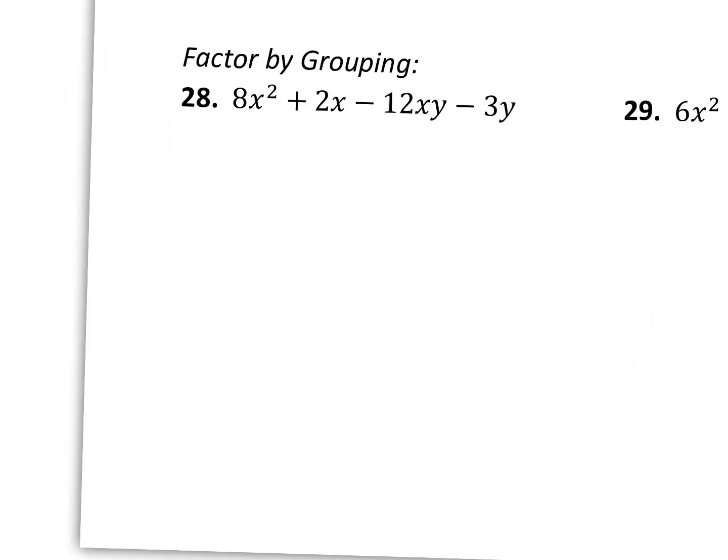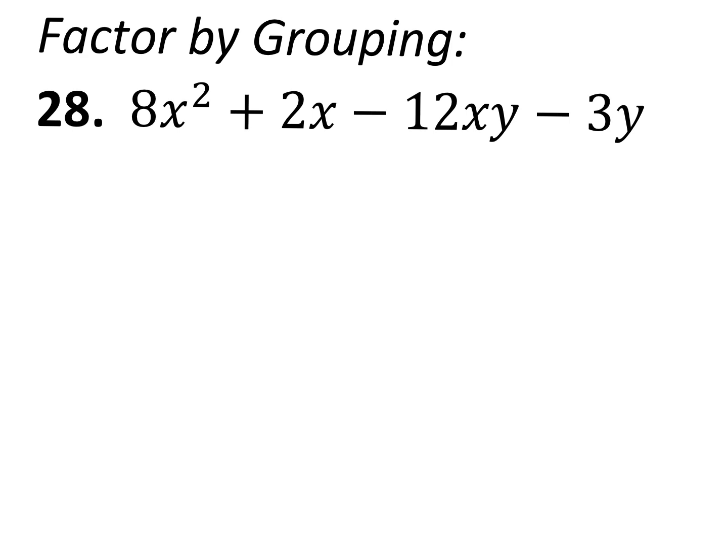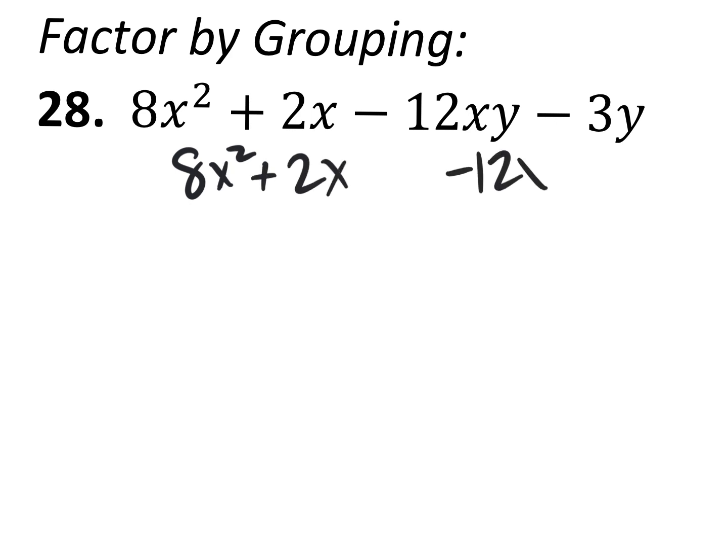And then finally, at the bottom of our front page, we have factoring by grouping. The instructions tell you what to do. You're going to separate it into 2 groups. So let's all do the first one together. We are going to separate it: 8x squared plus 2x, big space, minus 12xy minus 3y. Now, in that first group, what's in common?